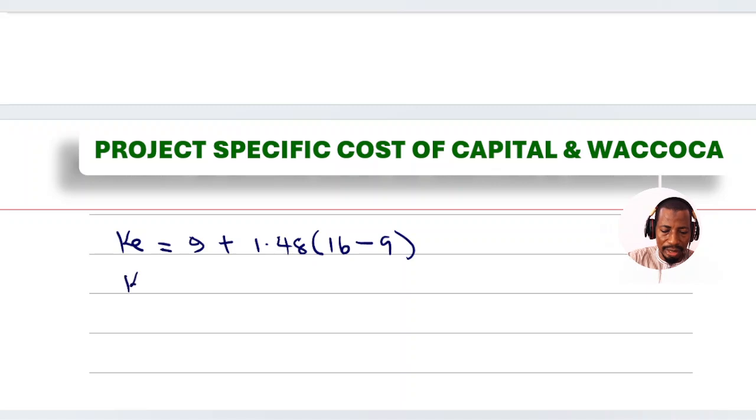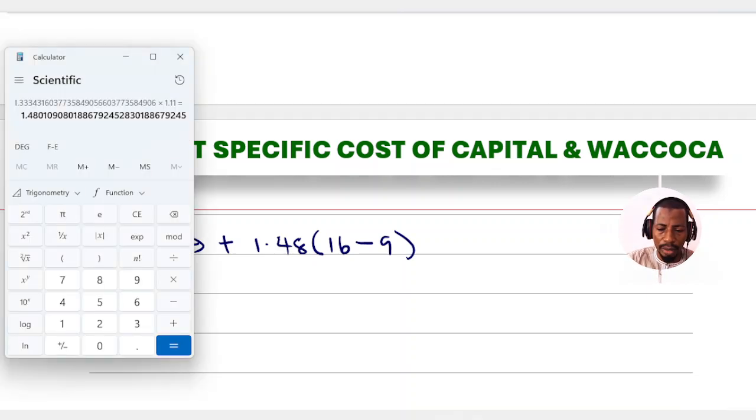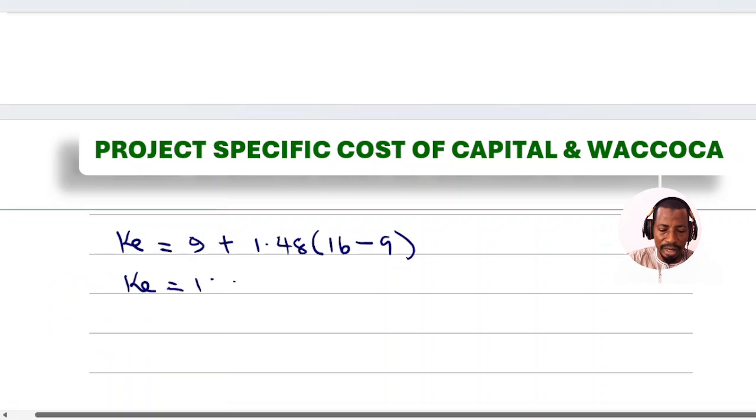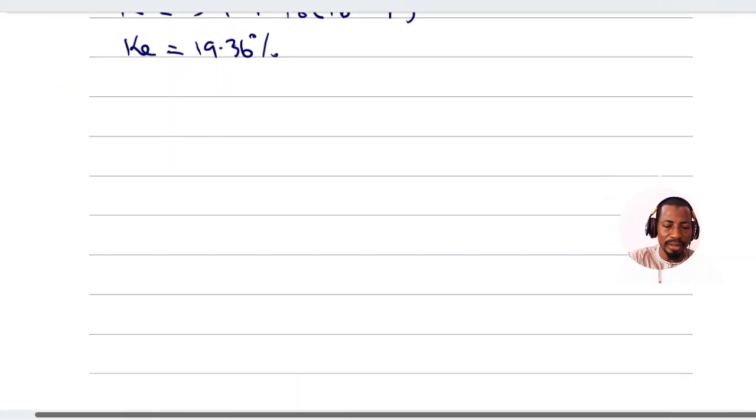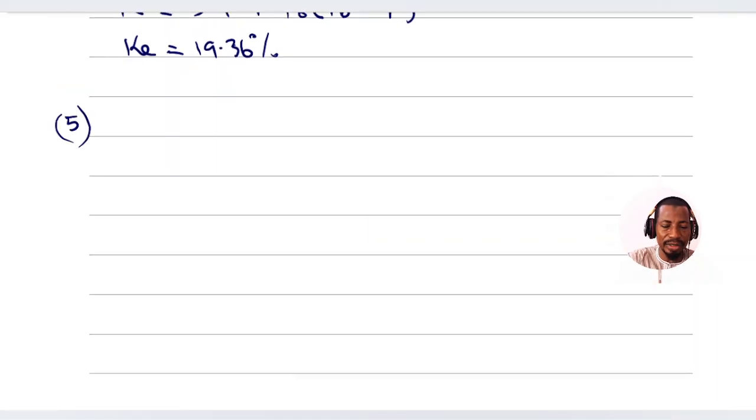So mathematically, cost of equity is equal to 16 minus 9, multiplied by 1.48, plus 9, that's 19.36%. Finally, I need to calculate the project-specific WACC.